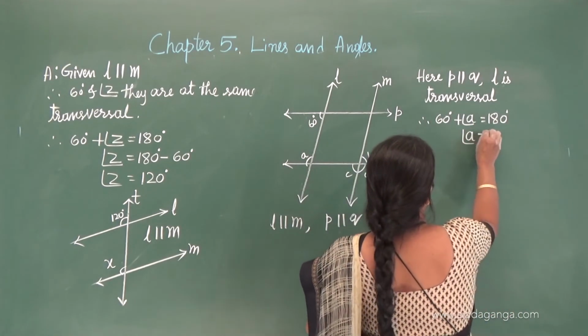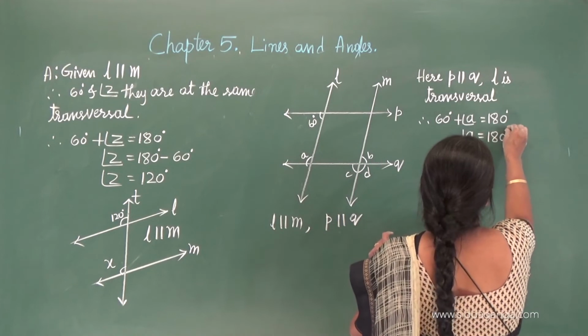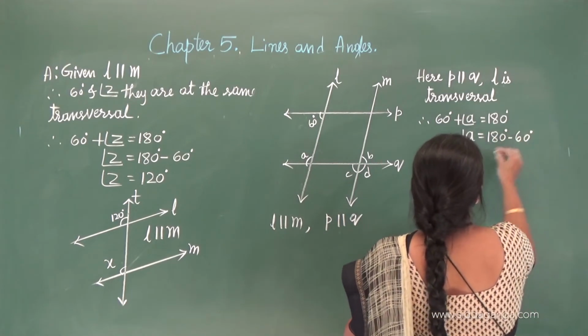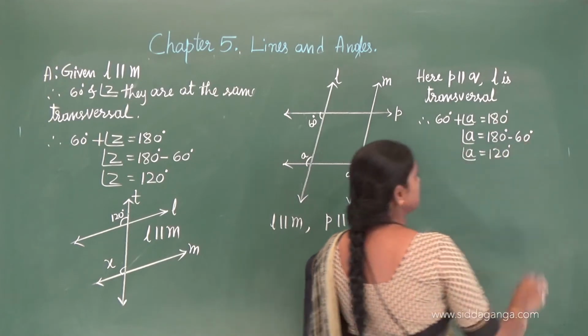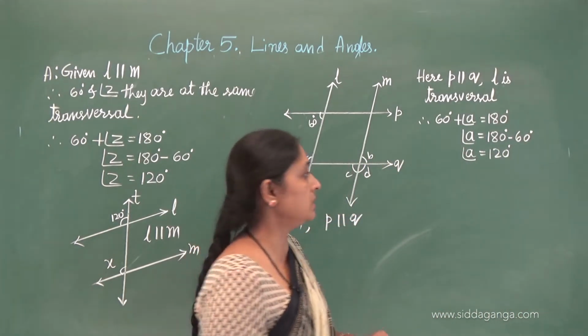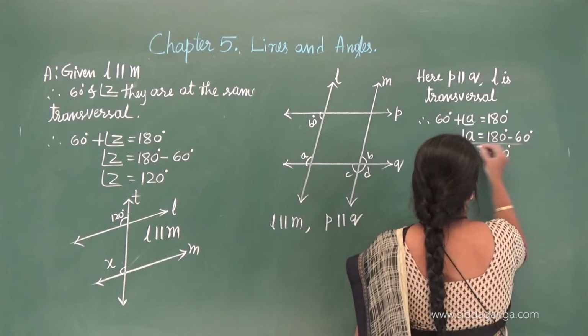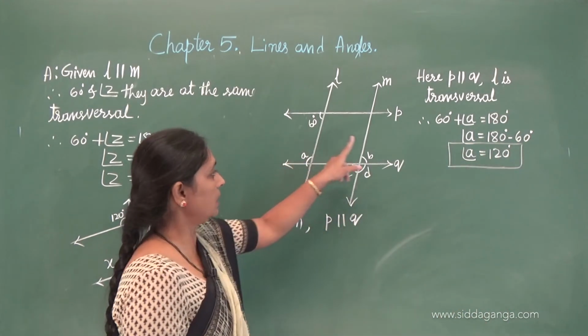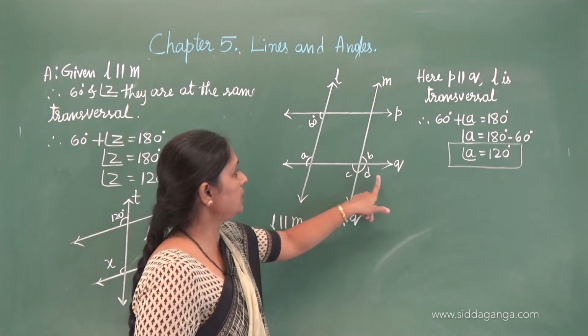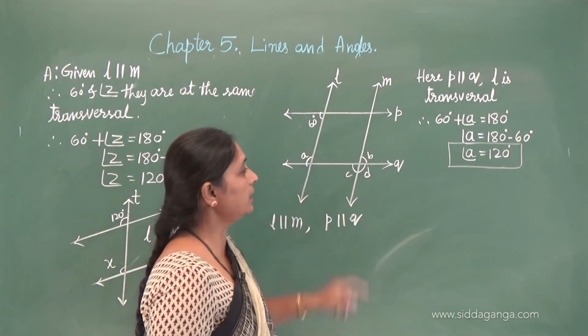Angle A is equal to 180 degree minus 60 degree. Angle A is equal to 180 minus 60 is, it's 120 degree. Okay, we found one answer. And using A, we can find out all B, C and D.